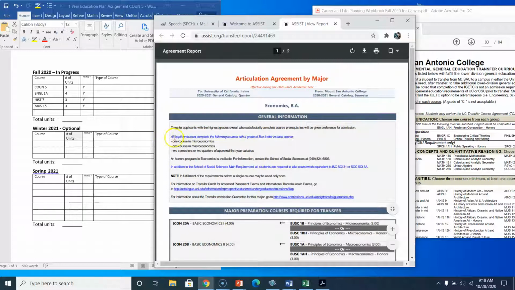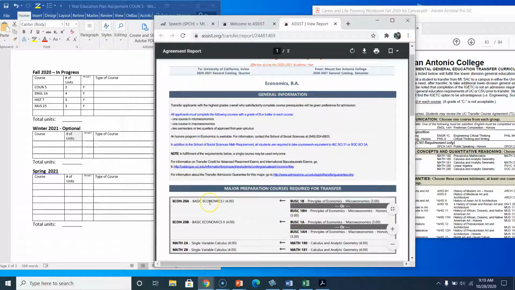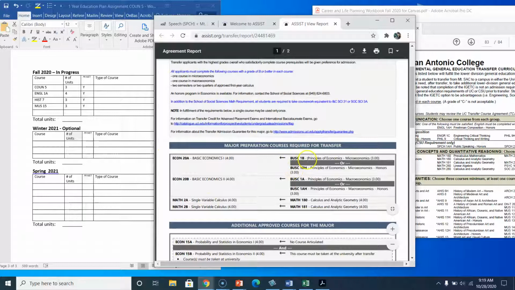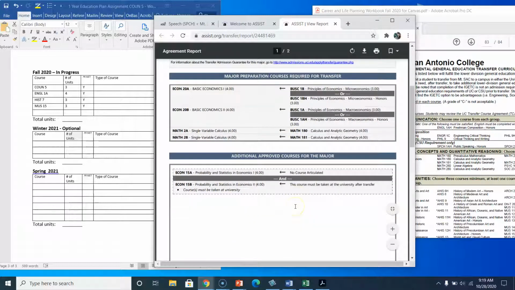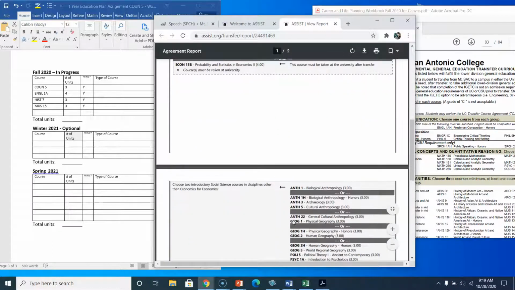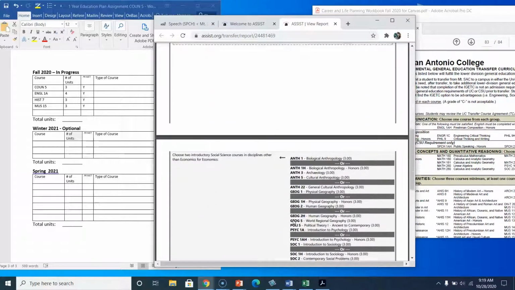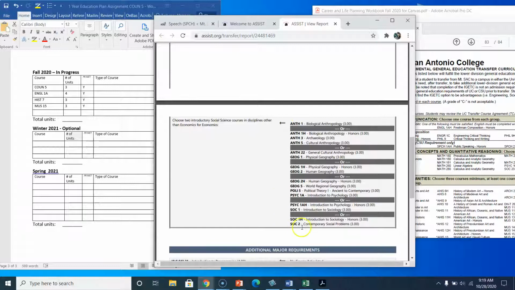We know that he's going to need a micro course or in economics, a macro course in economics, and 2 semesters or quarter of approved first year calculus. So we see econ, calc. Let's just scroll down to see what else there is. All right, one of these.